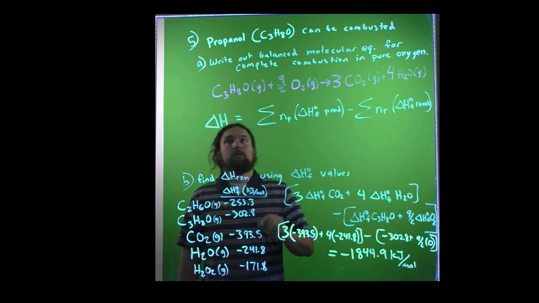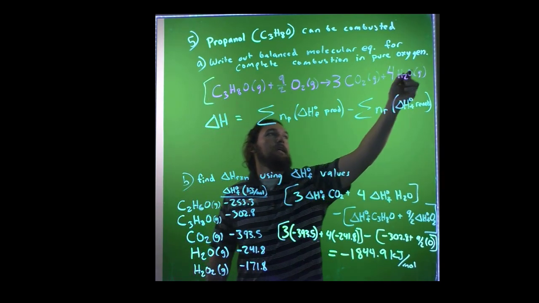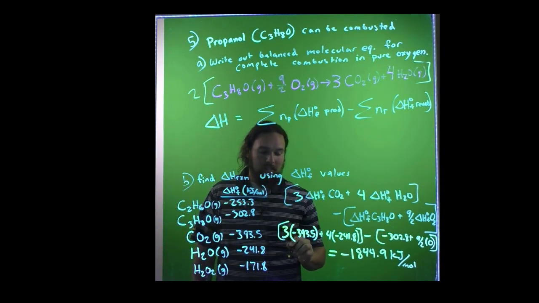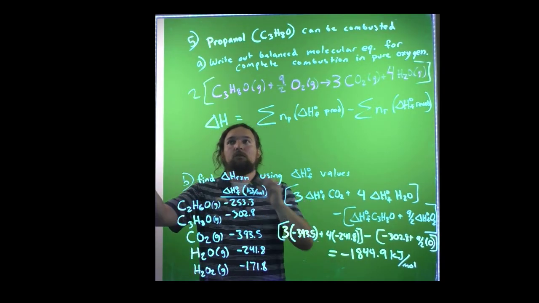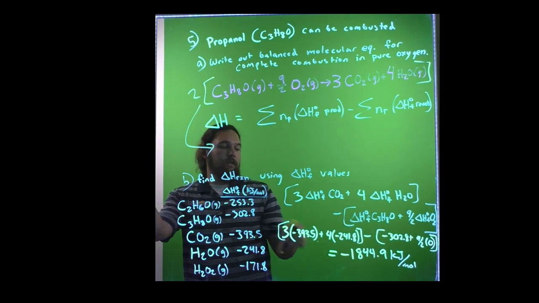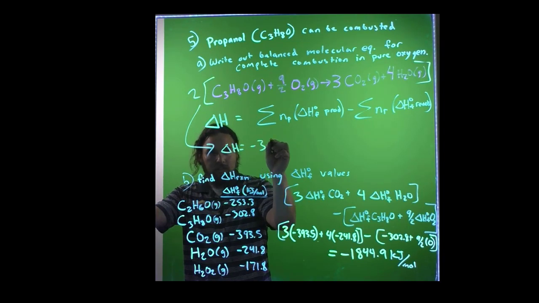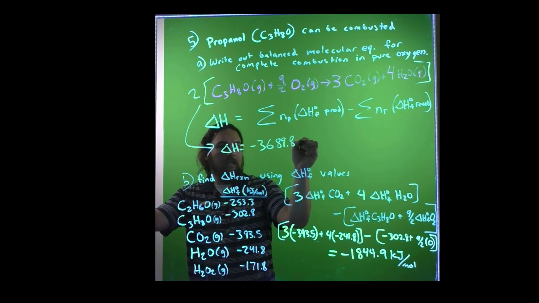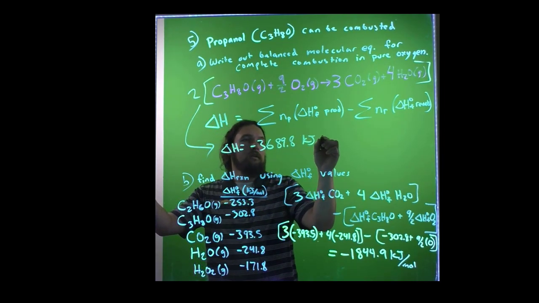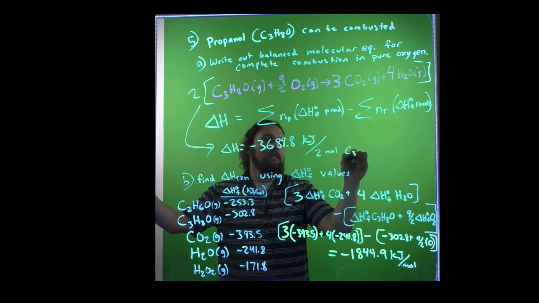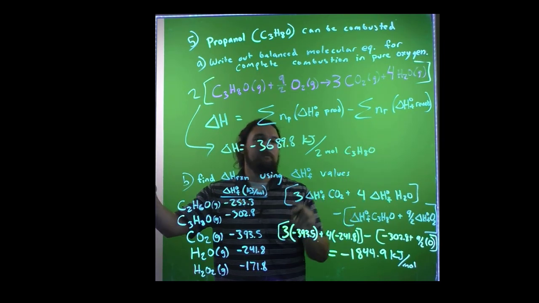If we had happened to multiply this whole thing by 2, when we put in all the values times 2, it would have given us a value of delta H equal to negative 3689.8 kilojoules, but that would be per 2 moles of C3H8O.